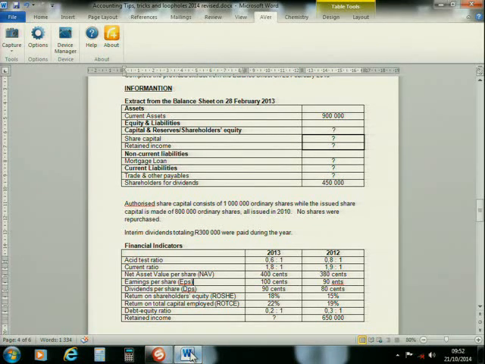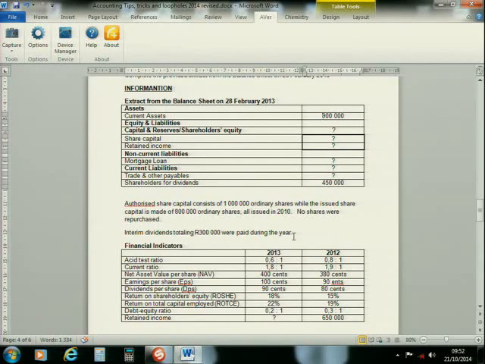In this instance, we have the current ratio, which is 1.8 to 1. And you are given your current assets of 900,000.